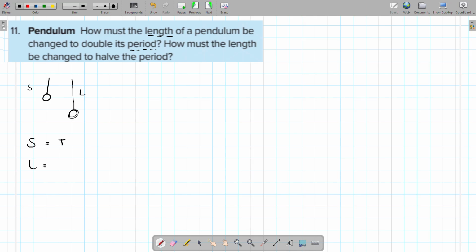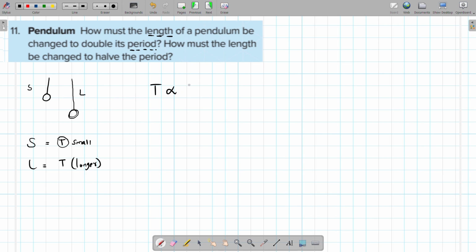The longer pendulum will have a longer time period. The time period is smaller for the shorter one, and longer for the longer simple pendulum.